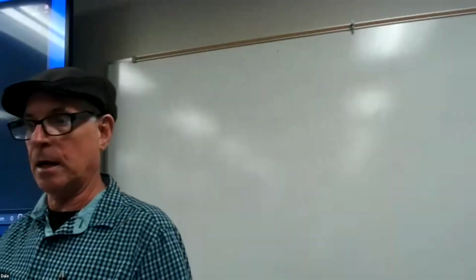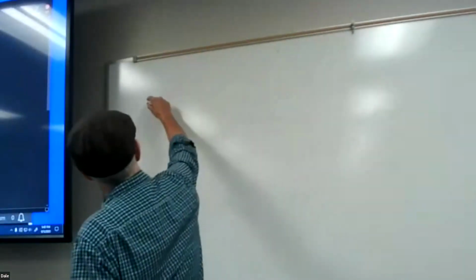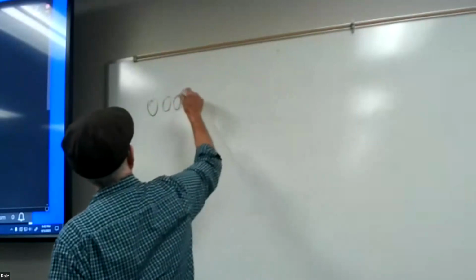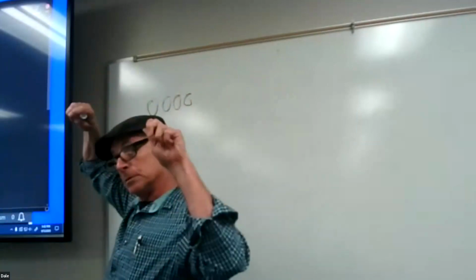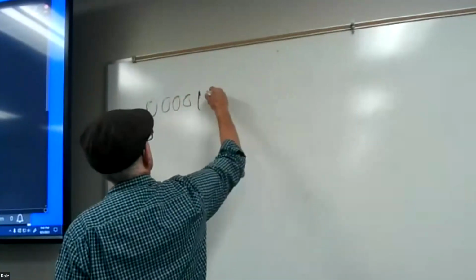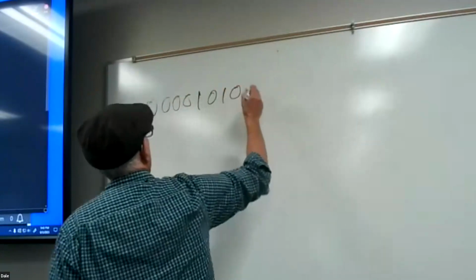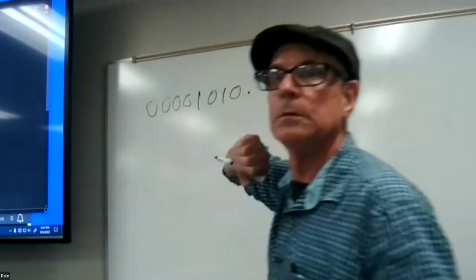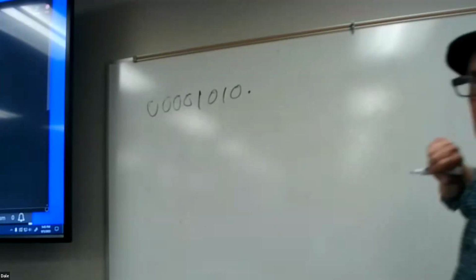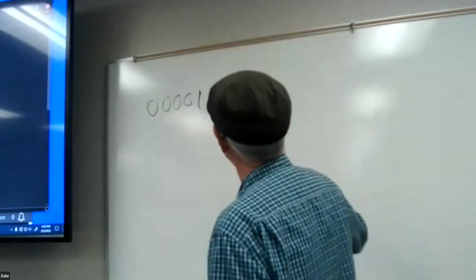Okay. And I don't have screen share. That's okay. So I want 10 in decimal. So I need an 8 and a 2. And this is my dot. Okay. So now I have 18.